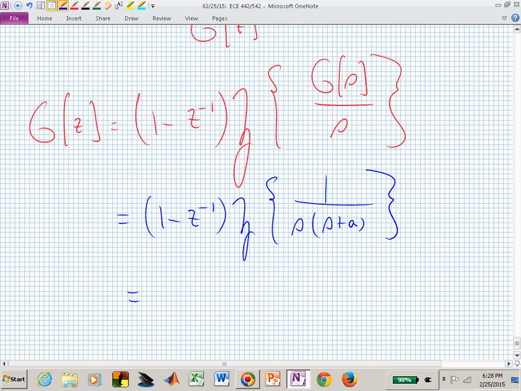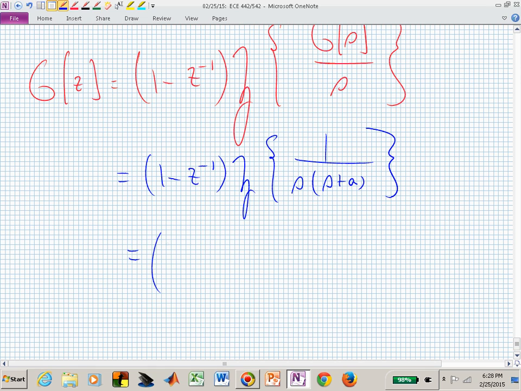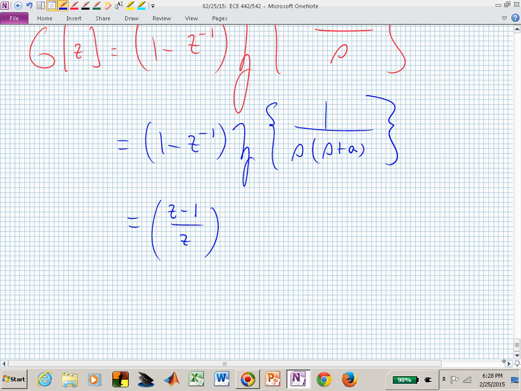You can do the partial fraction expansion of this right-hand side, which if we write the first factor as a ratio of polynomials in Z, we can now do a partial fraction expansion and we have some term over S and some term over S plus A.